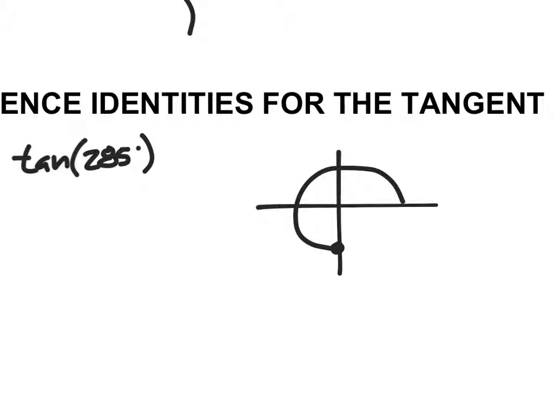So one, down to here, this is 270. So this over here, and add 15 degrees, and that's going to give us a value of 285 degrees, okay? So what we want to think about is how do we use 285 degrees?